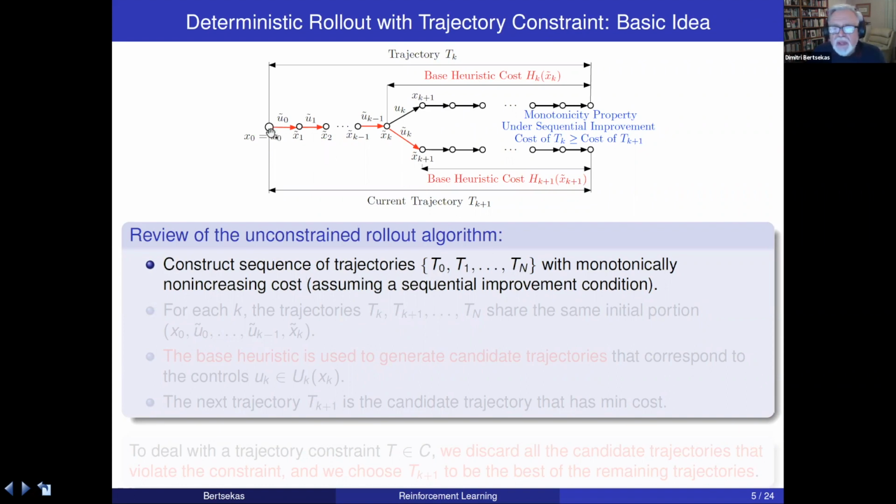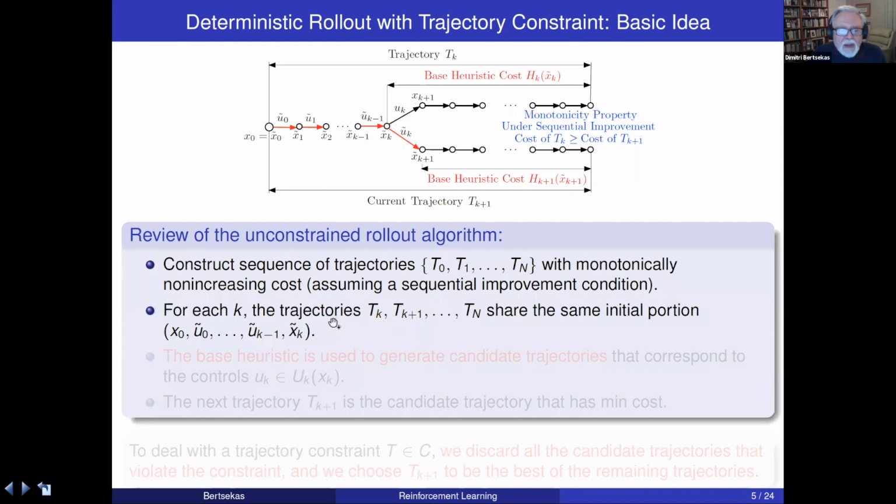In the case of the traveling salesman problem, a trajectory is a tour, starts from the initial state and ends at the final state through a sequence of controlled selections. And the rollout algorithm constructs a sequence of trajectories, one at each of n steps. And these trajectories under a sequential improvement condition have a monotonically non-increasing cost. And that's really the core of the theory, that in this way we are able to look at trajectories that go from beginning to end, have vision, but also decrease the cost as we go along. In particular, we decrease the cost if we start from x0 and use a heuristic.